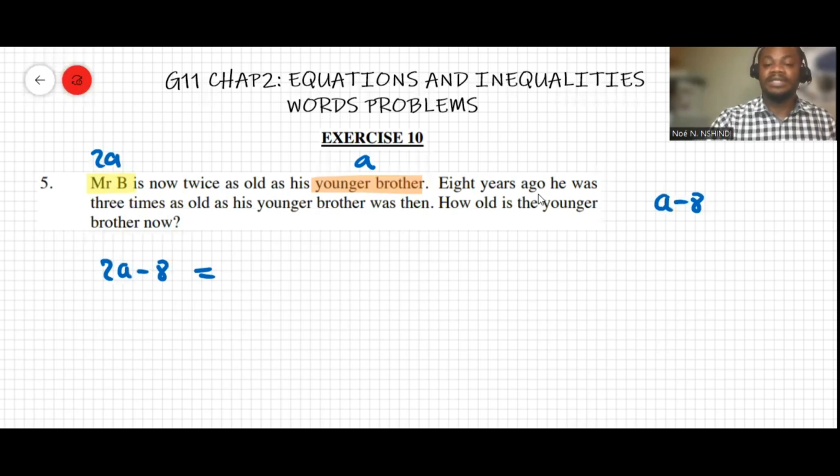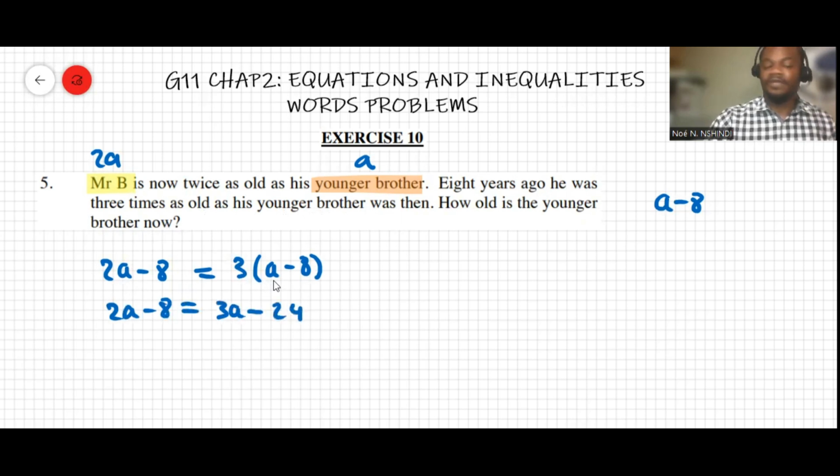Now, it is said 8 years ago, he was 3 times as old as his younger brother. So this is the age Mr. B had 8 years ago: 3 times A minus 8. How old is the younger brother now? Now we're looking for A. So now this would be 2A minus 8 equal to 3A minus 24.